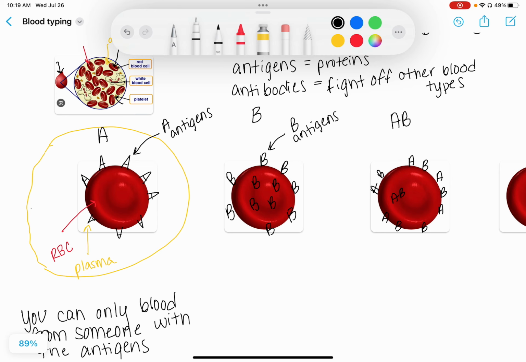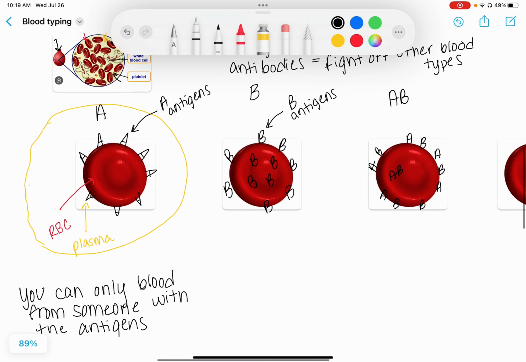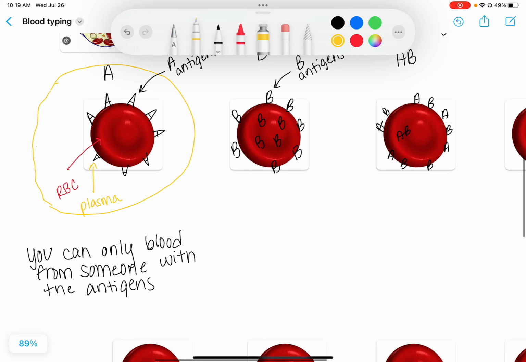So if someone is A blood type, they have those A antigens, and they are going to make B antibodies because they cannot take B antigens. So down here in the plasma, A blood type will make B antibodies. The shorthand for writing that is just anti-B. That's just easier to write.